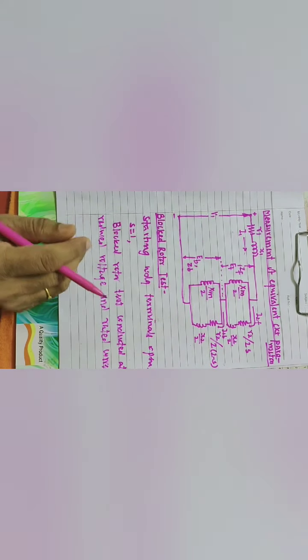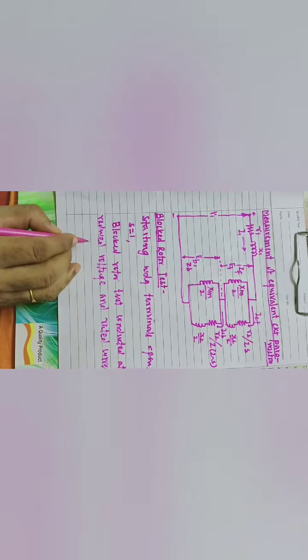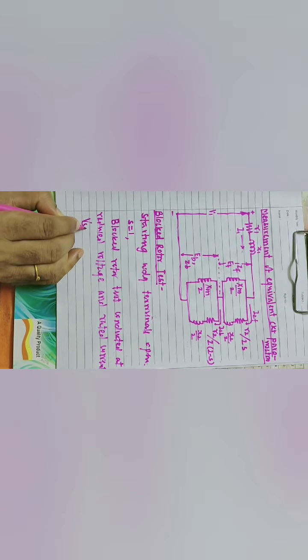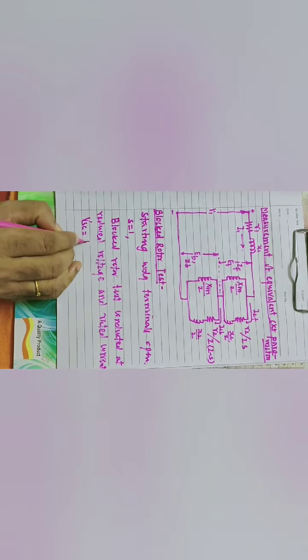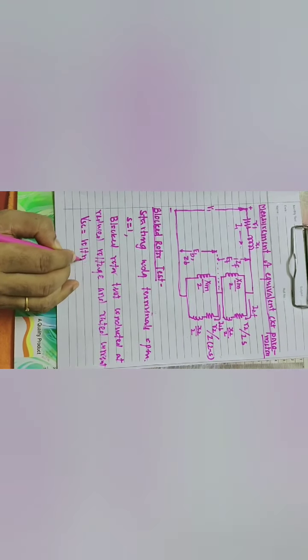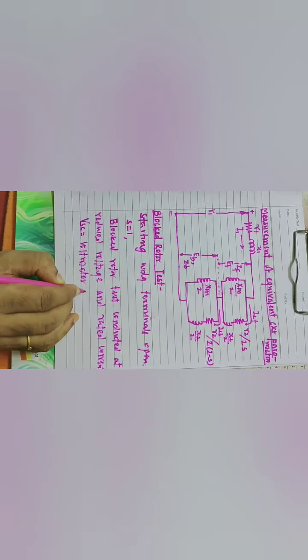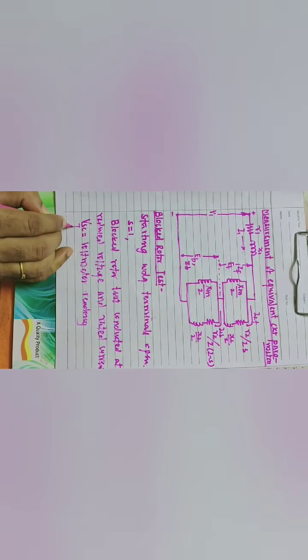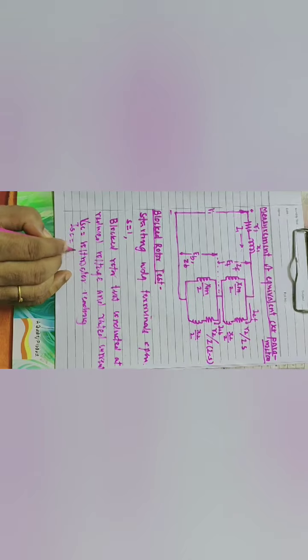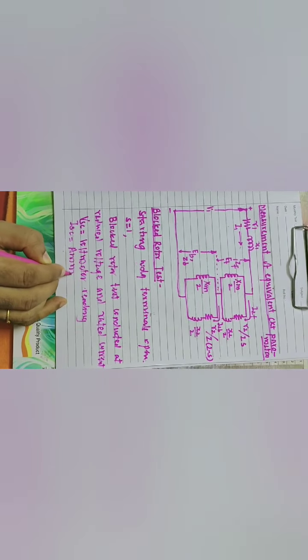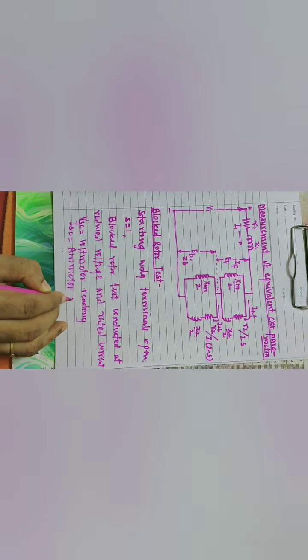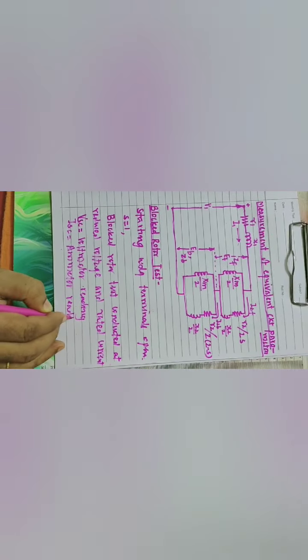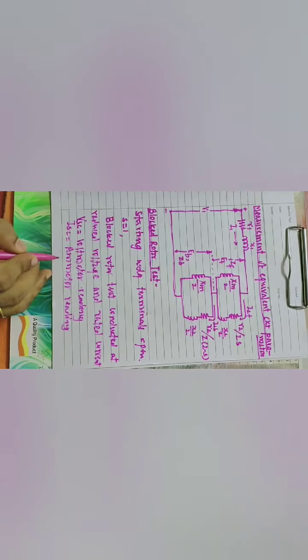So let VSC be the voltmeter reading. ISC is the ammeter reading, conducted at rated current.